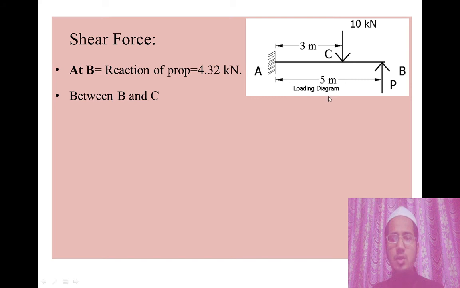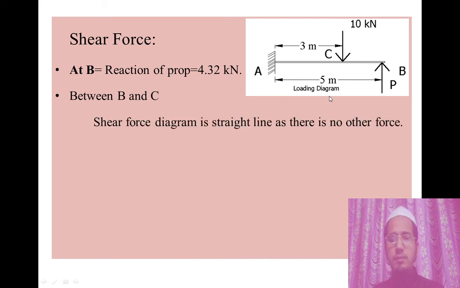Between B to C there is no loading, it will be the same, a straight line from B to C. Now shear force at C equals this upward reaction 4.32 minus this downward force 10, we will get minus 5.68 kN. This minus will be drawn below the baseline. Got it?